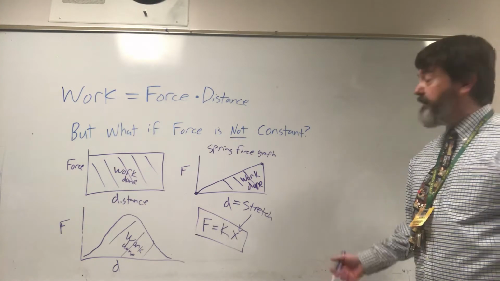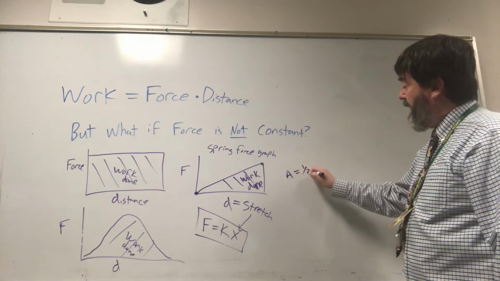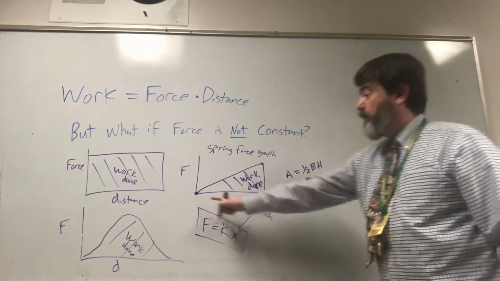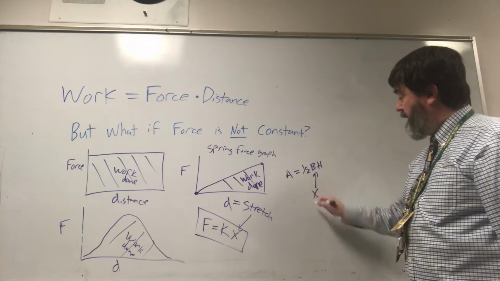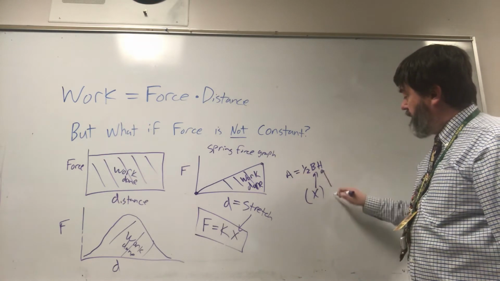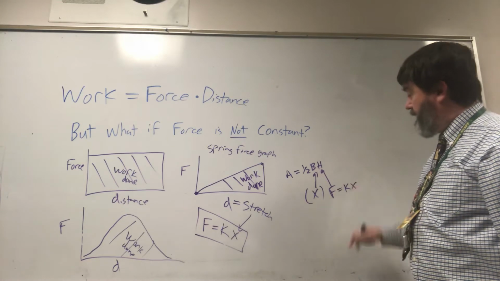But we know how to find the area of triangles. Area is equal to 1/2 the base times the height. Well, the base of that triangle is just the stretch length, x. And the height of that triangle is the force, which is equal to k times x.